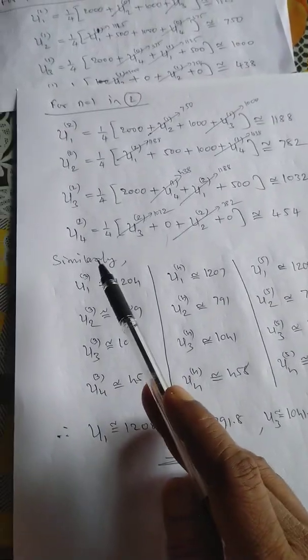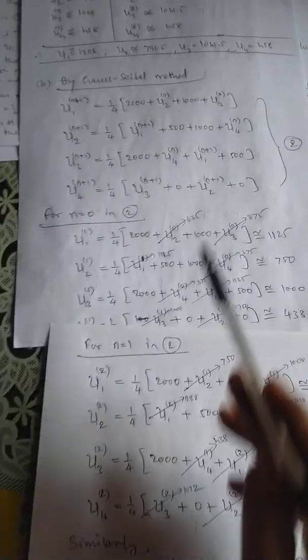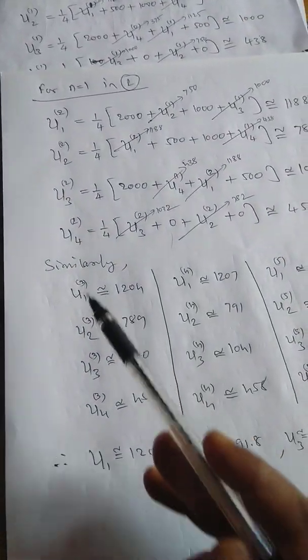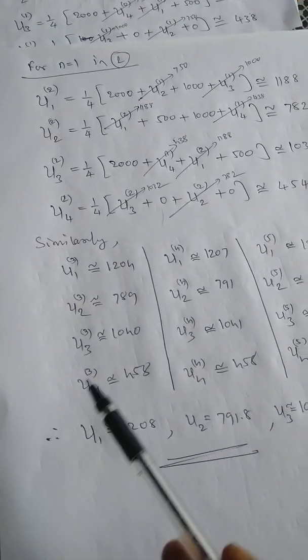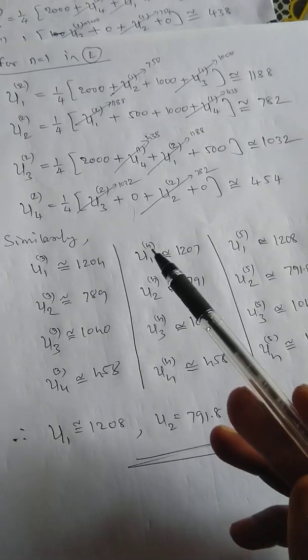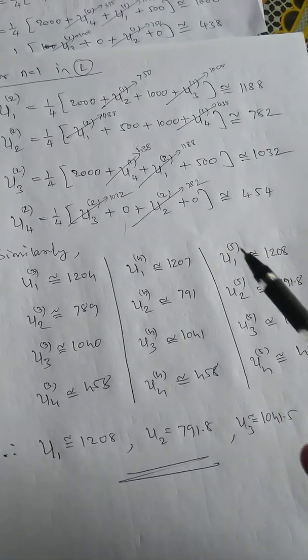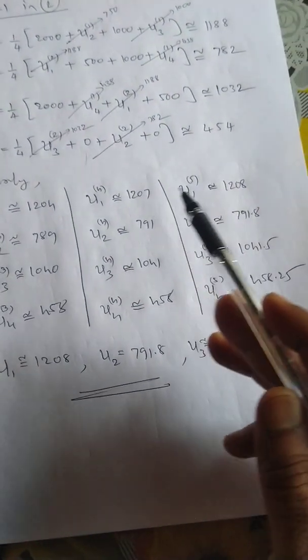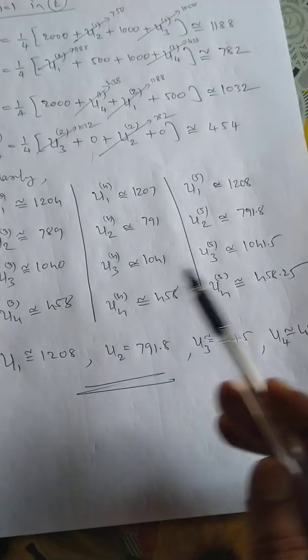Similarly, putting n equal to 2 in the Gauss-Seidel system, we have U1(3), U2(3), U3(3), U4(3). Putting n equal to 3 in the Gauss-Seidel system, we have the 4th iteration. Putting n equal to 4, we have the 5th iteration. Okay, so the 4th iteration and 5th iteration are almost the same.